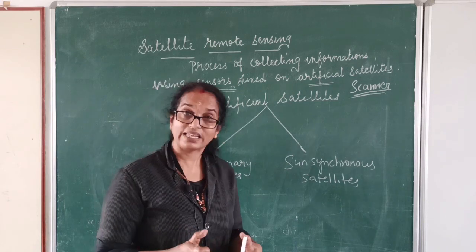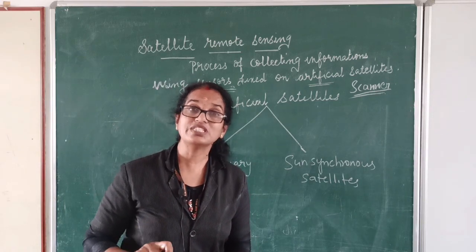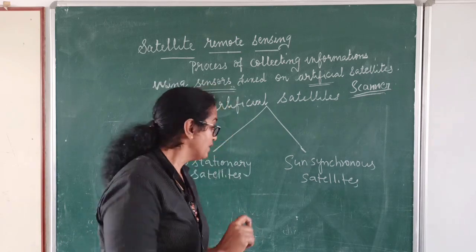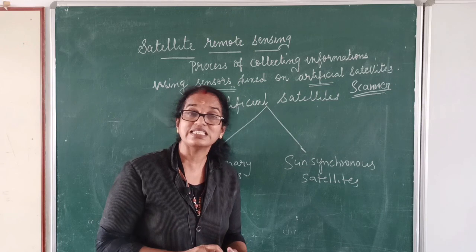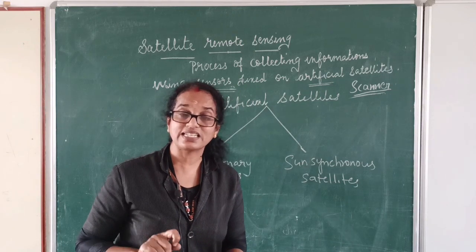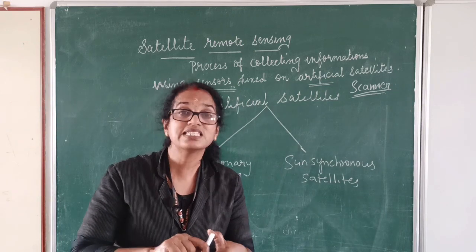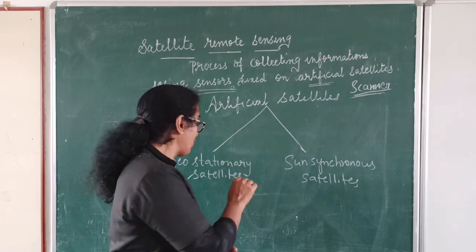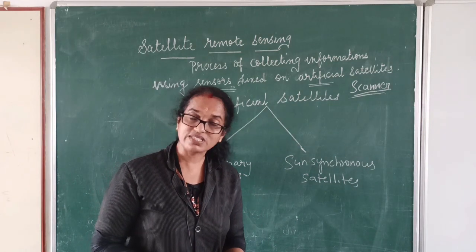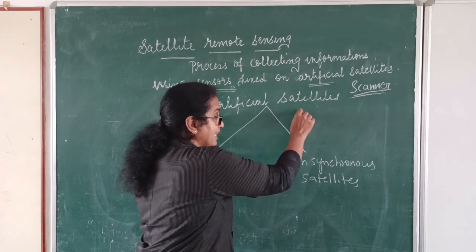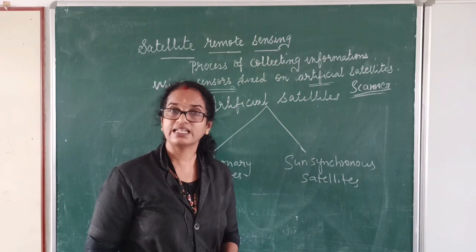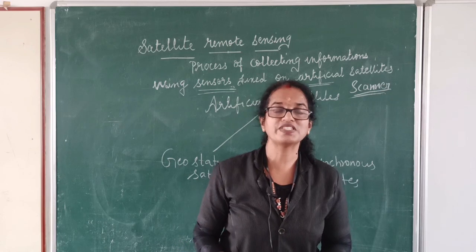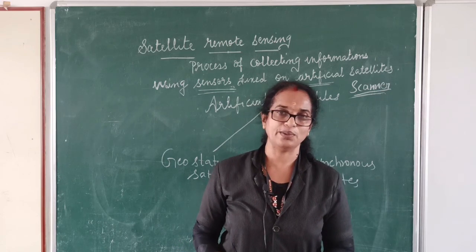In these artificial satellites, the sensor used was the scanner. So the first one is the geostationary satellite and the second one is the sun-synchronous satellite. Let us study these two types of satellites in detail.